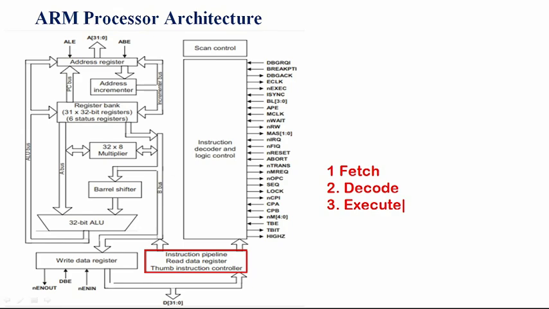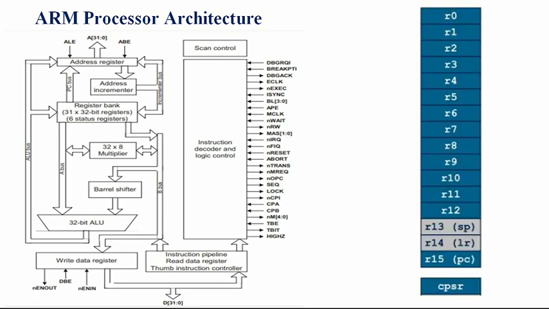So this is the overall information about the architecture, guys. Now I'm going to take you to the register part. Let us explore a little more information on the registers. In our ARM processor, we have 16 32-bit registers and one status register.